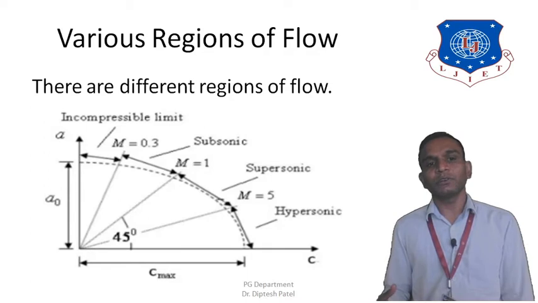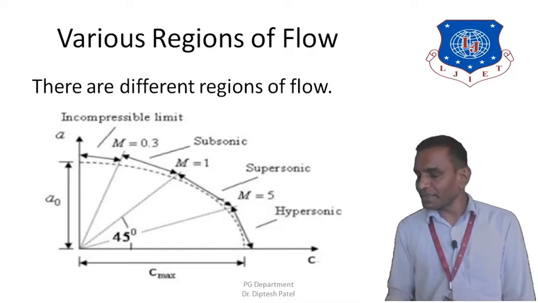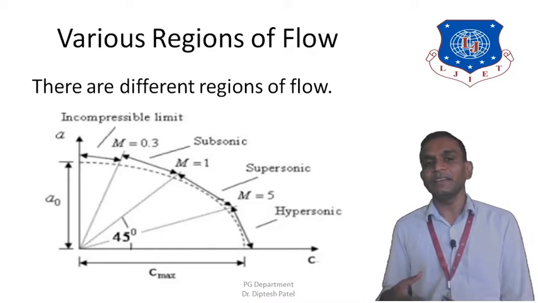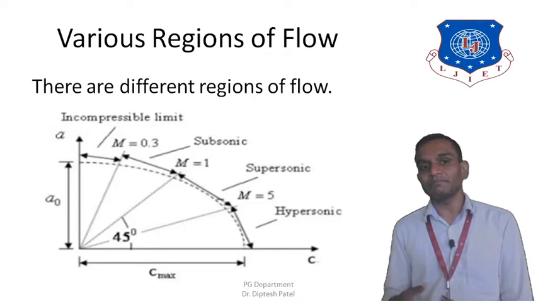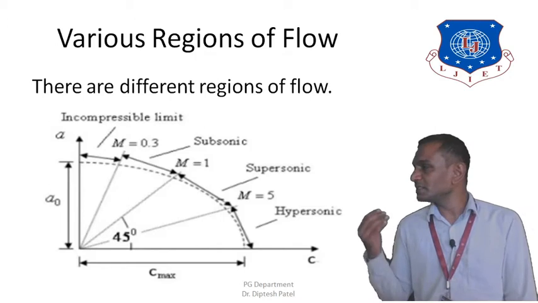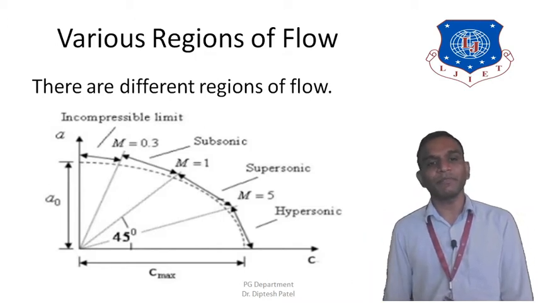So in the incompressible flow limit, the velocity of fluid is very small, and what we learned in the previous slide is the definition of Mach number, which is the ratio of fluid velocity to the sound velocity. From that equation we know that the velocity of fluid is very small while the velocity of sound is higher as compared to the velocity of fluid, and that's why it falls in the incompressible flow limit.